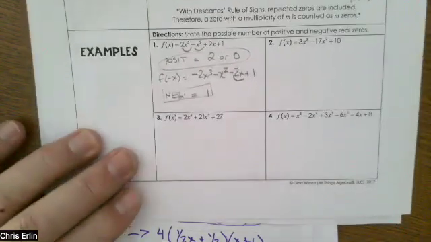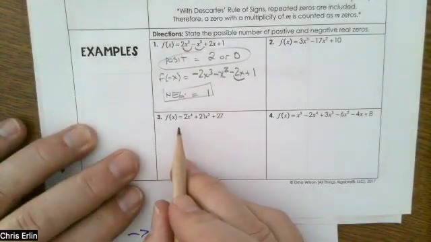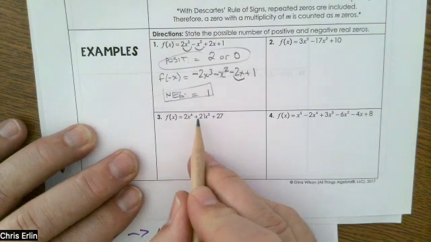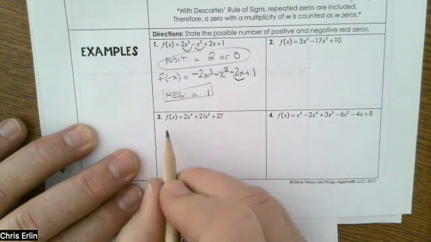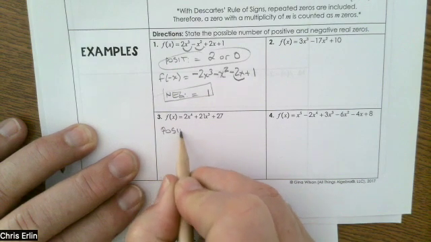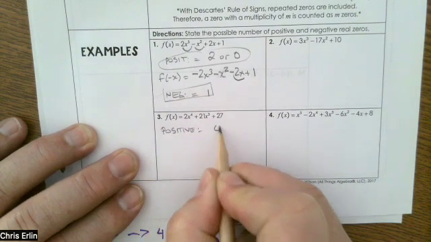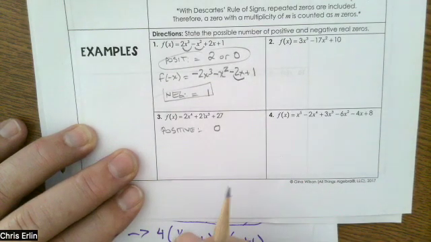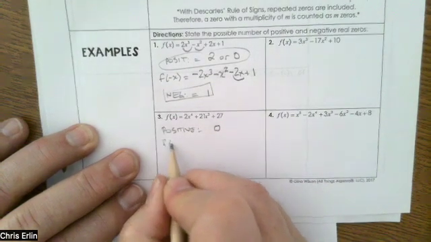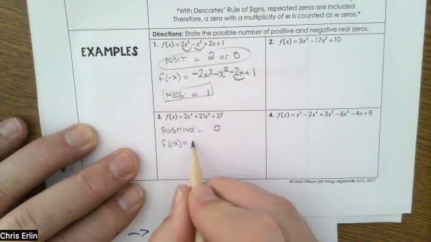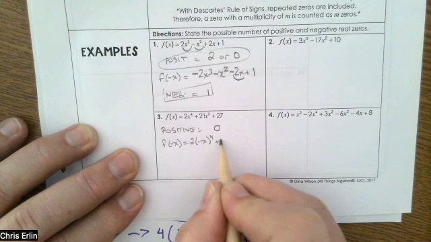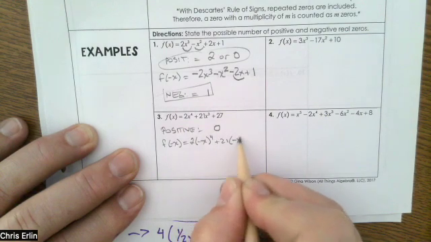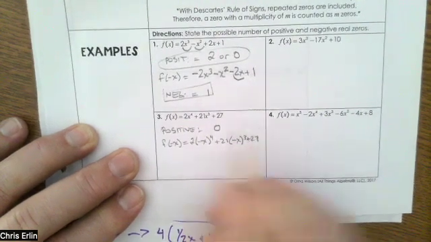Okay, so we went through this and most people are feeling pretty good about this. How many times do I have a sign change in this first one? 0. So in other words, my positive real roots, I'm not going to have any of them. If I do trying negative x, I'm saying 2 times negative x to the fourth plus 21 times negative x to the third plus 27.